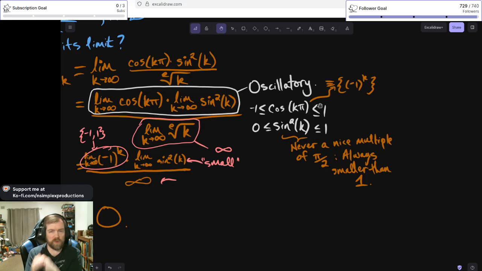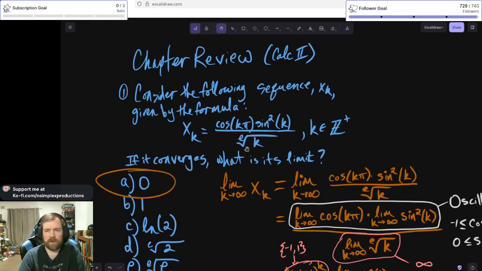And then our sine squared function, with us hitting whole values of k's, right? So it's just going to be 1, 2, 3, 4, 5. We're never going to get any of those nice values for a sine function. And this especially, considering k has to be greater than or equal to 1 in the first place. It could have been 0 at k equals 0, but there is no k equals 0 for this. We were assuming that our k was going to be part of the positive integers, not 0.